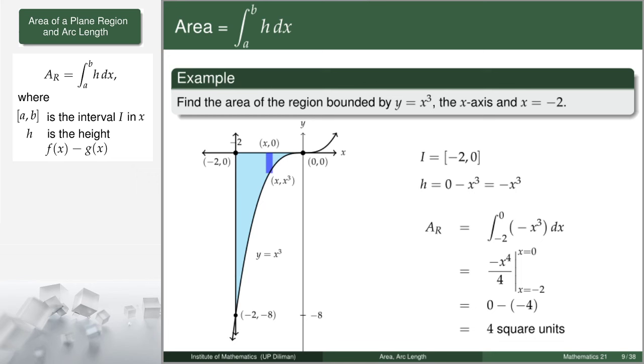A very good question here is: why is it that I have a positive answer when the region that I am talking about is below the x-axis? The reason is that the function we have here, which is h, f of x minus g of x, in the derivation, this is a formula for area, not net signed area. For one, if I ignore g of x, f of x can be a negative number.